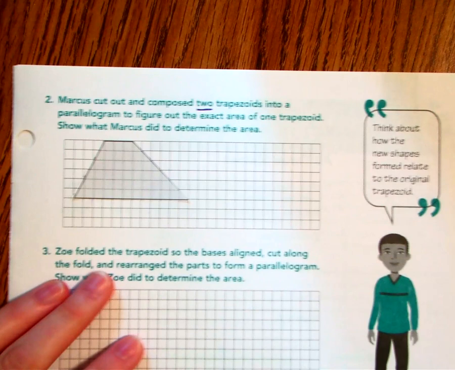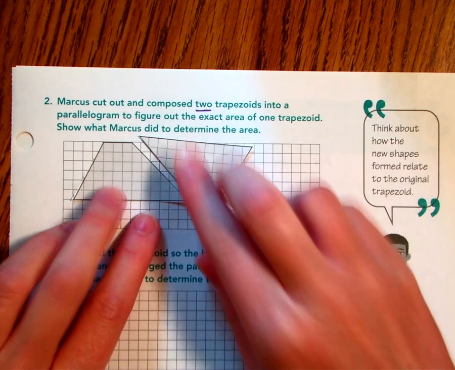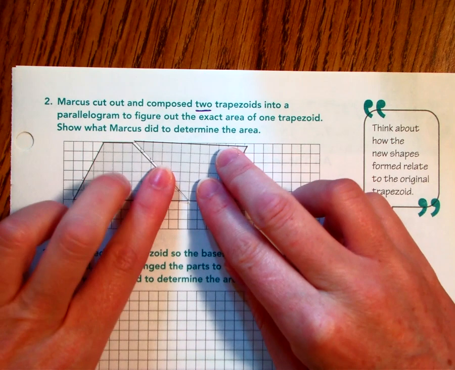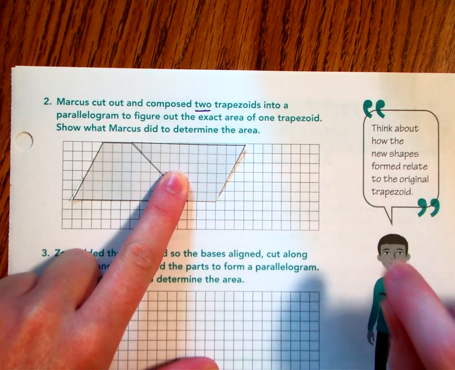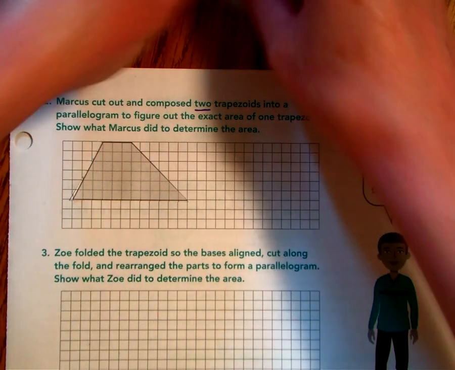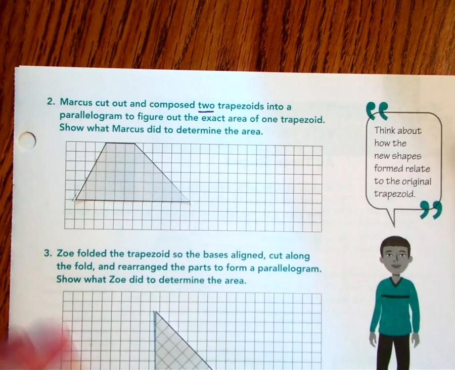He pasted one down, and it says he took 2 and turned it into a parallelogram, which means he took another one and flipped it over and showed that a trapezoid is half of a parallelogram. So these were duplicates of one another. See? And then you just flip it and you fit it.